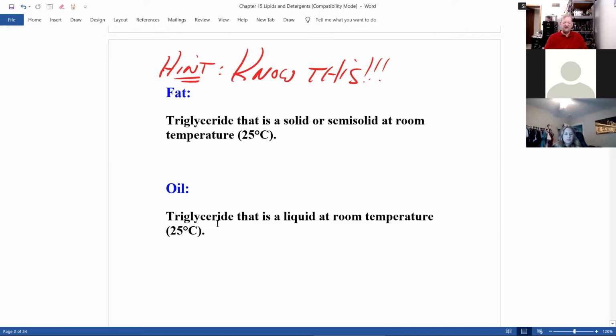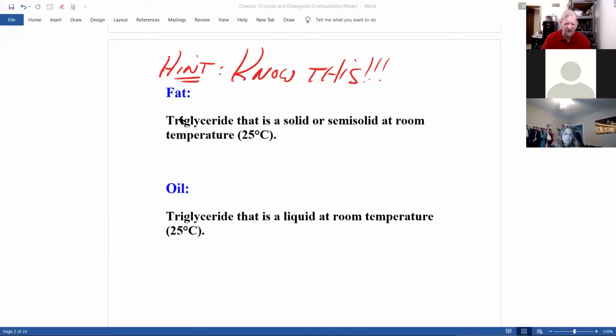It's a semi-solid. And if you've ever cooked bacon and left the liquid fat in the frying pan to sit there for a while, once it cools down to room temperature, guess what? It solidifies because it's a fat.